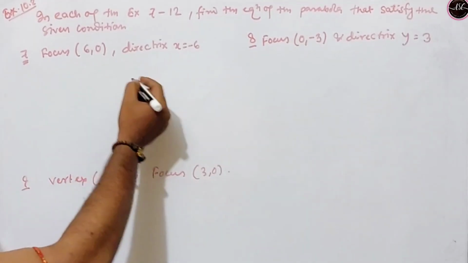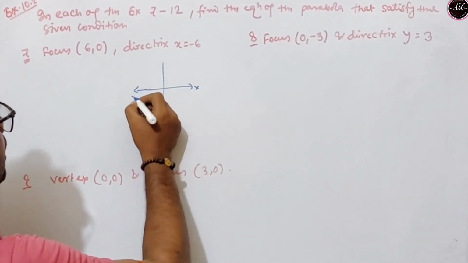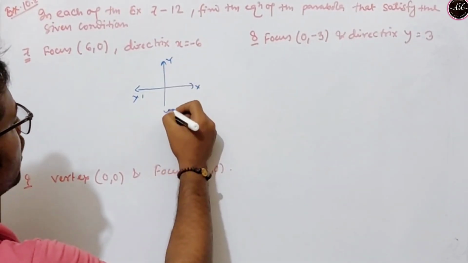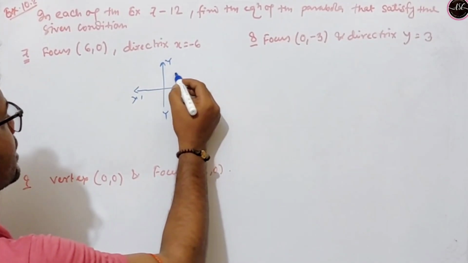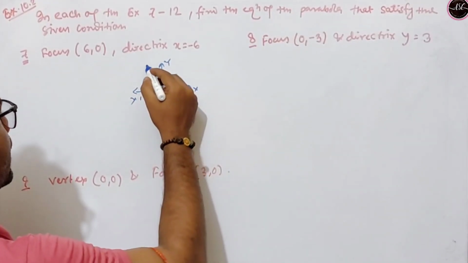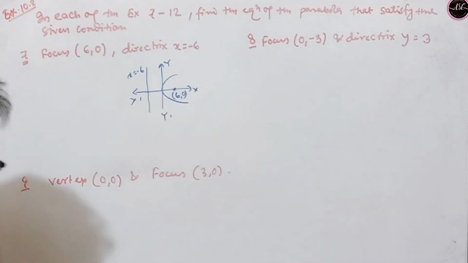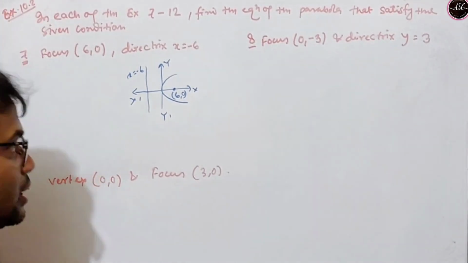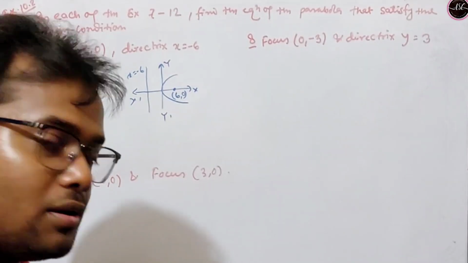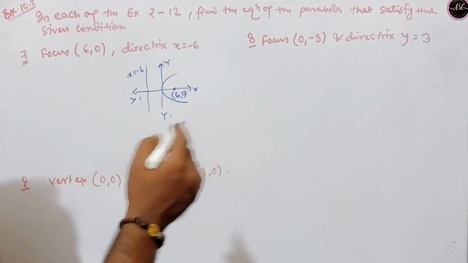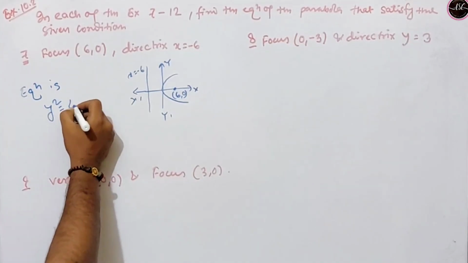So here the focus is on the x axis, and the directrix is also x equal to minus 6, so the axis is along the x axis. It is on the right side, so the coefficient of x is positive. So the equation is y square is equal to 4ax.